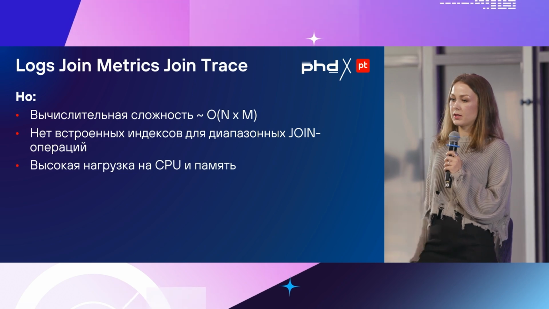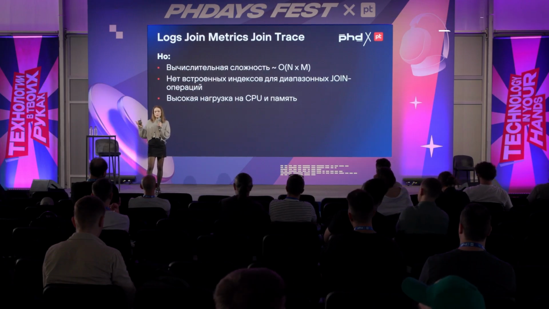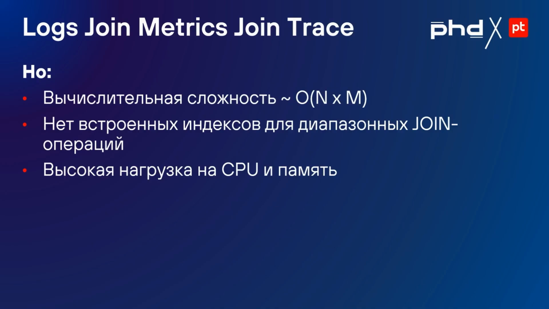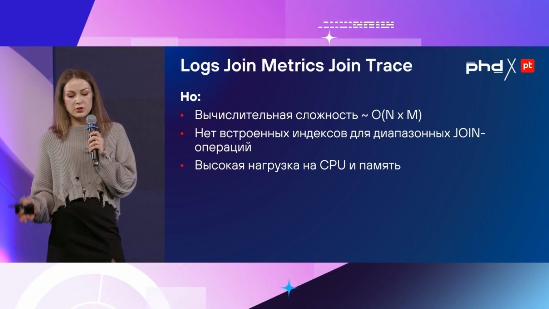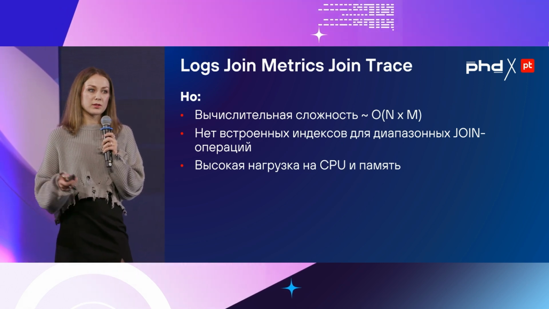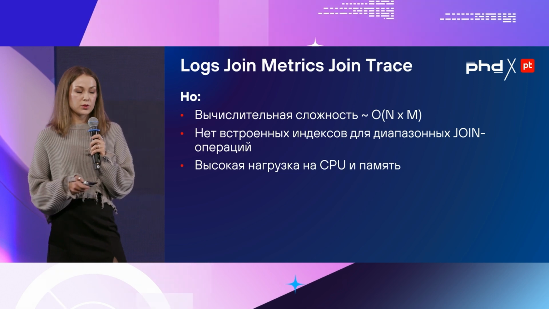Because the soft join is an expensive operation, because for each value, you will have to find the right value. And if the range is too big, then the computing complexity will be squared, and there will be competition for resources.